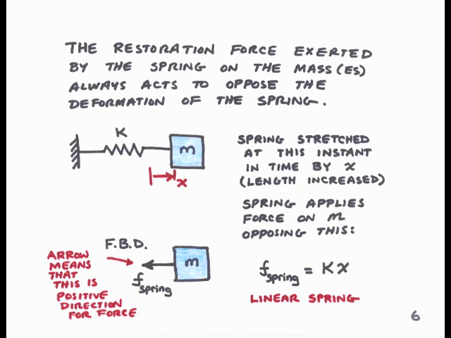But when I draw the free body diagram and show F spring pointing toward the left, what I'm doing is specifying that that is the positive direction for this force. And this variable will be positive when x is positive. And therefore I write F spring is equal to kx, not minus kx.